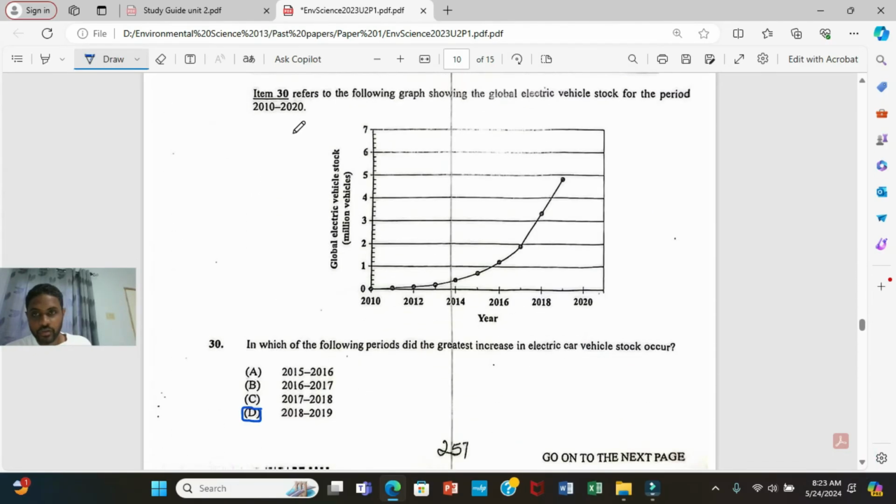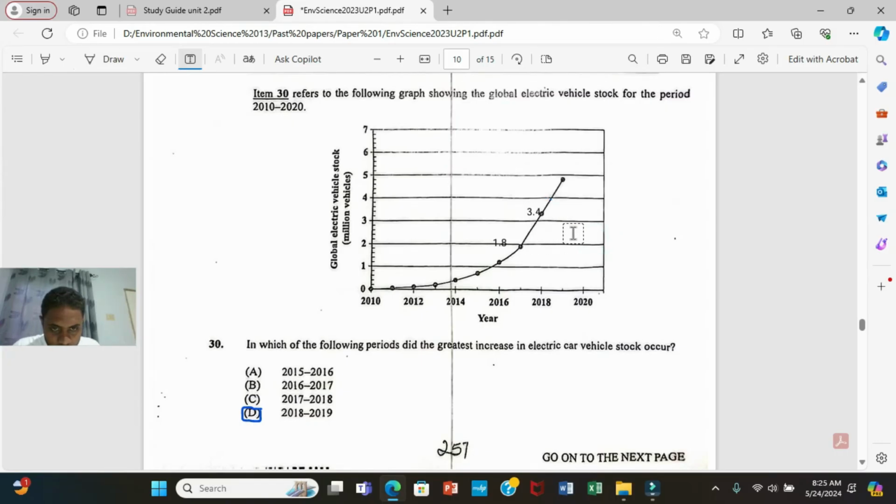30. Item 30 refers to the following graph showing the global electric vehicle stock for the period 2010 to 2020. In which of the following periods did the greatest increase in electric vehicle stock occur? So here you read off about 1.8, and here you read off about 3.4.